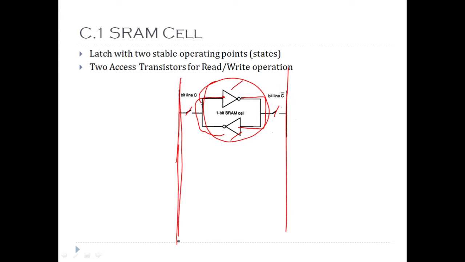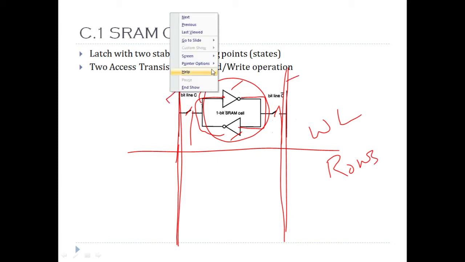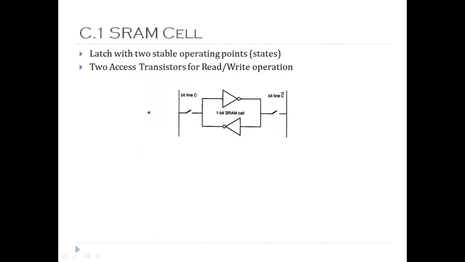The cells can be accessed using these columns, and the switches are controlled by the word line, which is also called the row. Here the SRAM cell has two complementary column lines, which are useful in reading data from the SRAM cell.